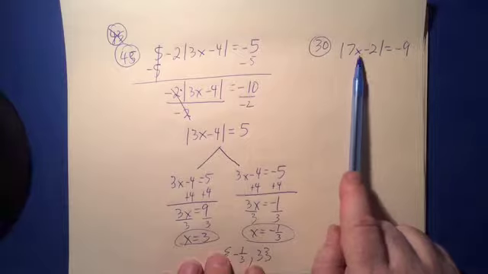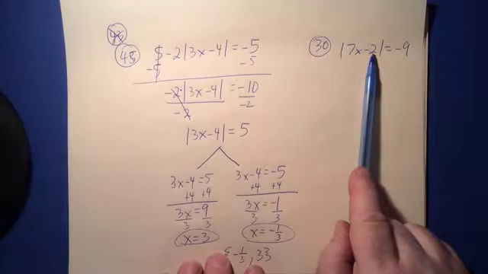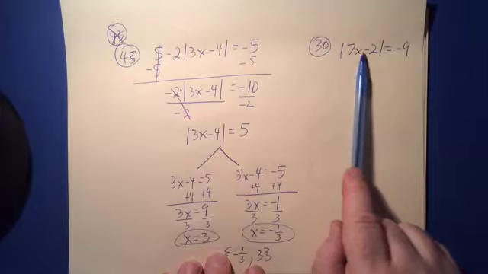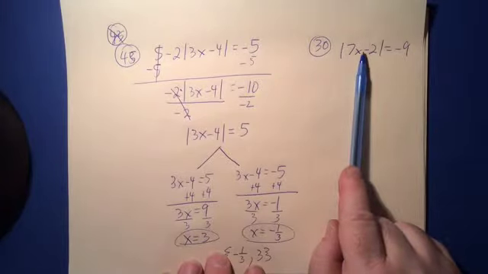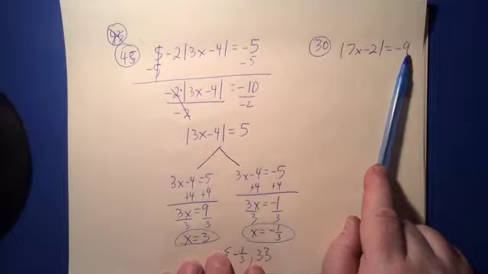You might say, for example, if I put a negative 1 in there, negative 1 times 7 will be negative 7, negative 7 minus 2 will be negative 9. And that will give you a negative 9 inside the absolute value. But the absolute value of negative 9 is still 9. It will never give you a negative 9 on the outside.